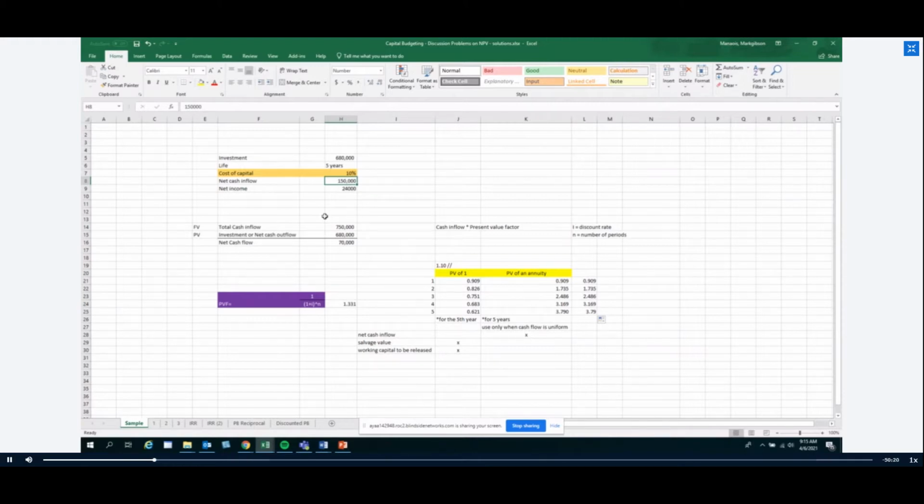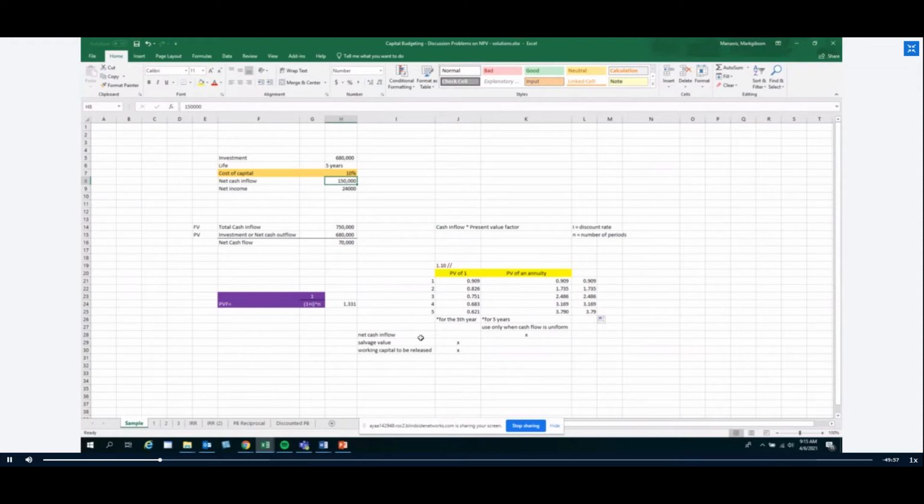But as you know, it's not really the case, no? Mamaya meron din tayong problem or instance where cash inflow is not uniform, no? So it varies each year. Okay? So kailan naman ginagamit yung present value of 1?